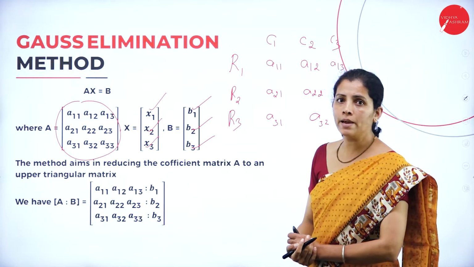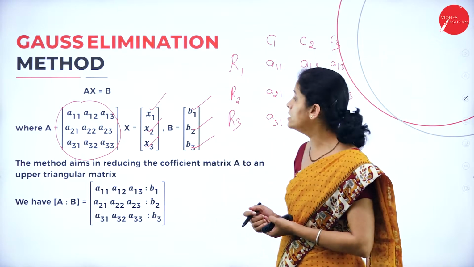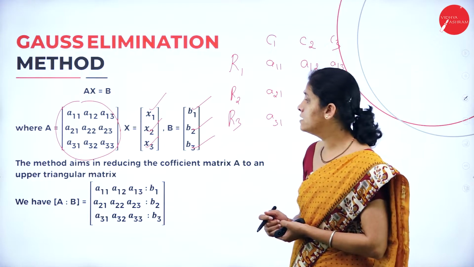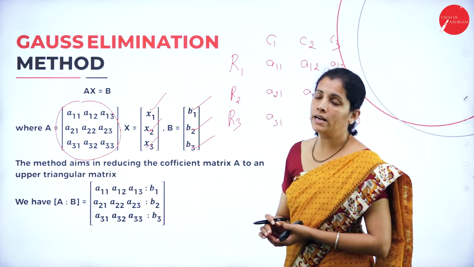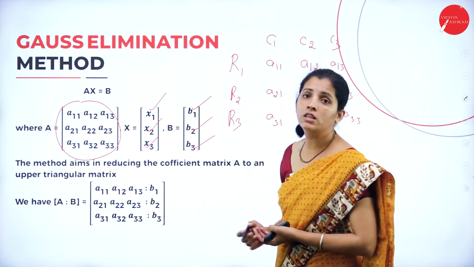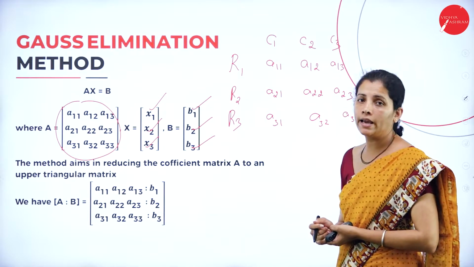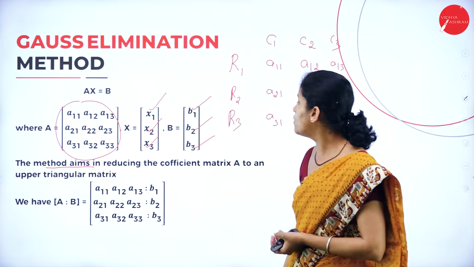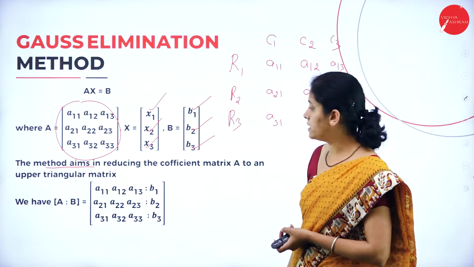And what is the aim here? The main aim of this Gauss elimination method is to reduce the coefficient matrix. Okay, and I want to find the solution for three unknowns, that is x1, x2 and x3. So the method aims to reduce the coefficient matrix A to an upper triangle matrix.